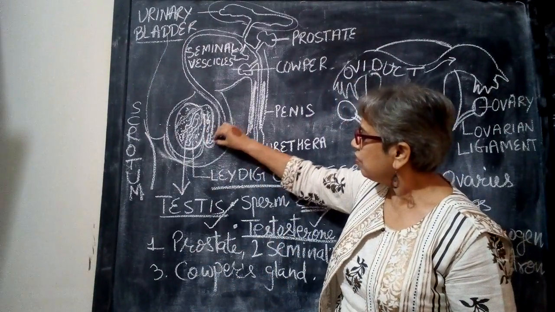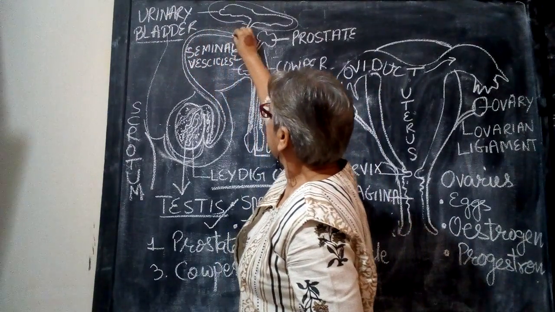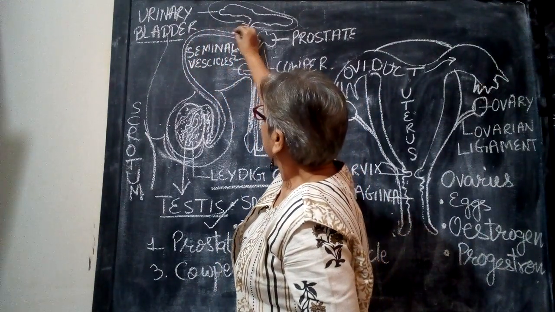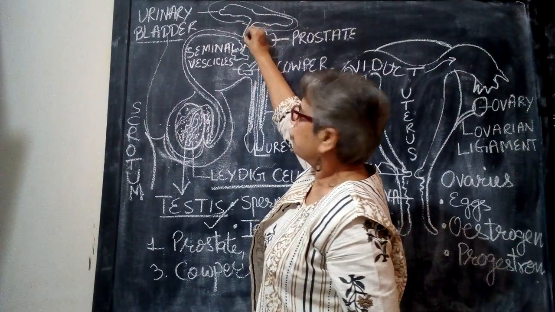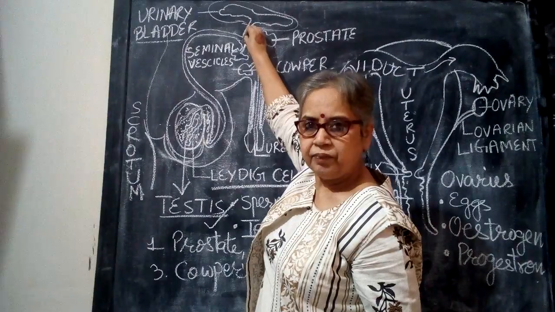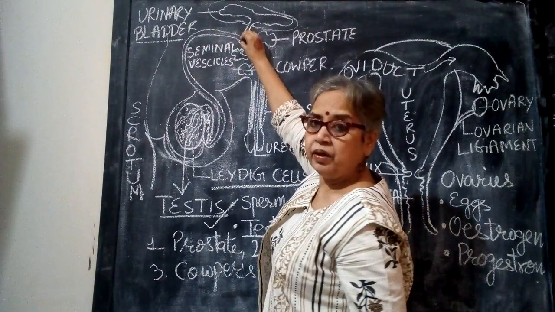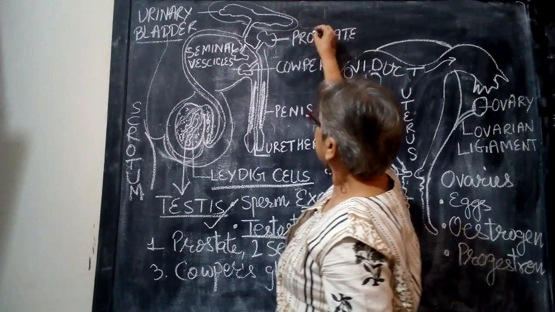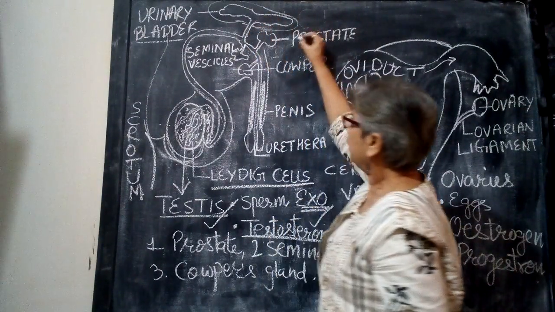Now you can see this tube ascending upwards, and it reaches here and it receives the duct from urinary bladder. Okay. So vas deferentia having sperms can also get urine from here, from the bladder.